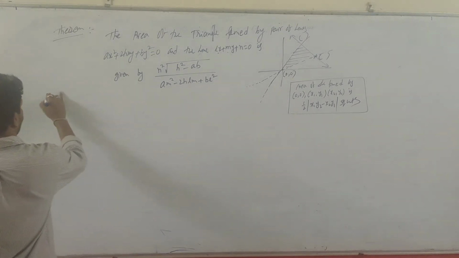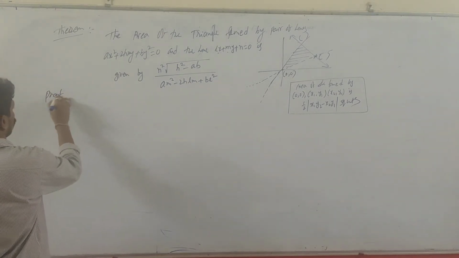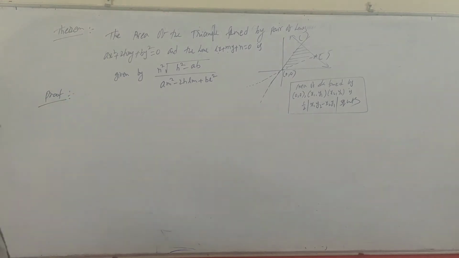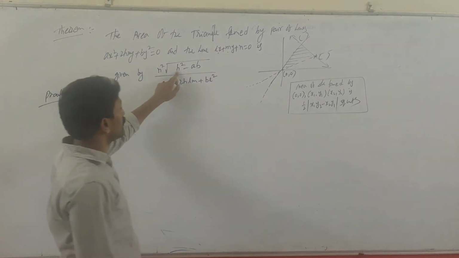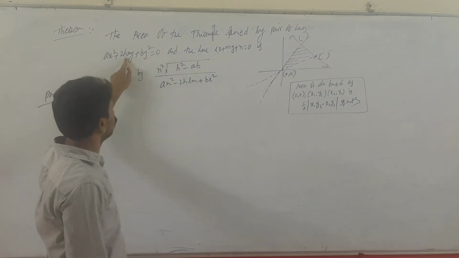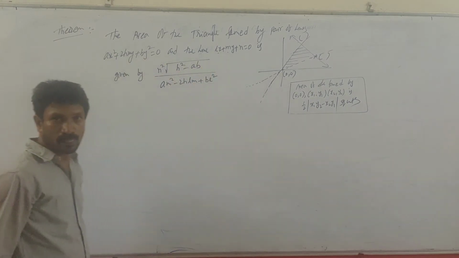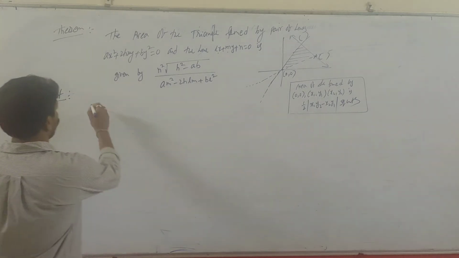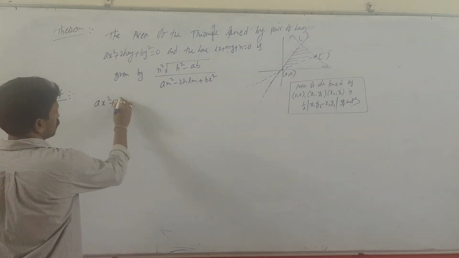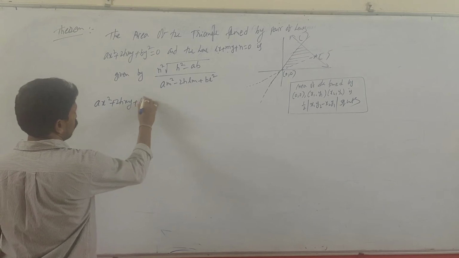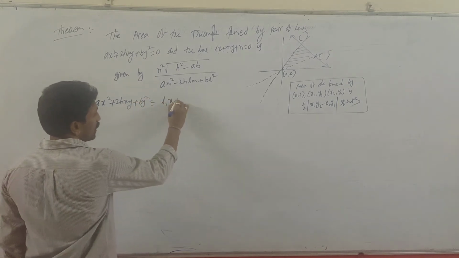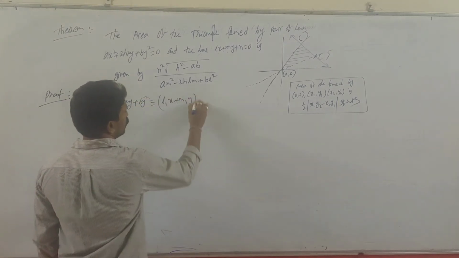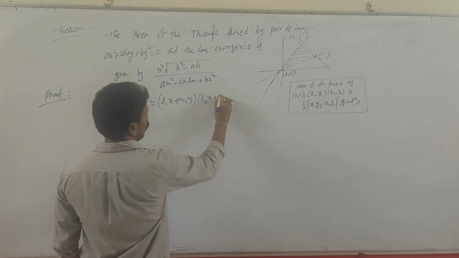First, see the proof of this one. h is this one, n is this one. First you write ax square plus 2hxy plus by square as (L1x plus M1y) into (L2x plus M2y).